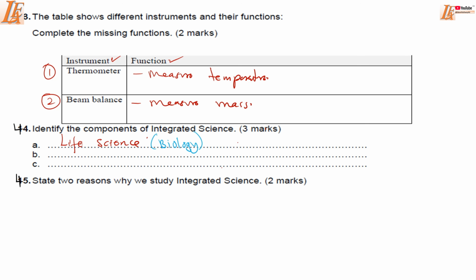Then the second one is physical science, where we study two main subjects, that is chemistry and physics. And then the third one is what we call earth science, and in this case we study astronomy and geology.